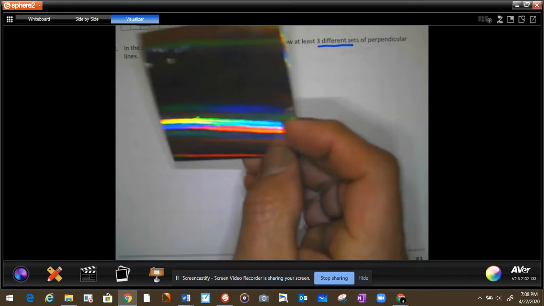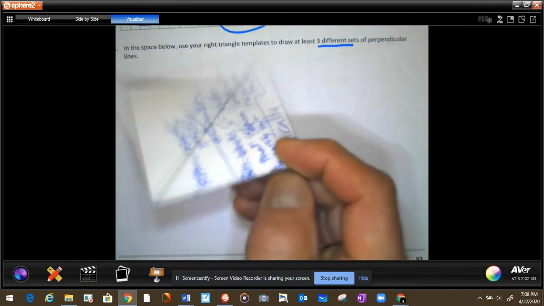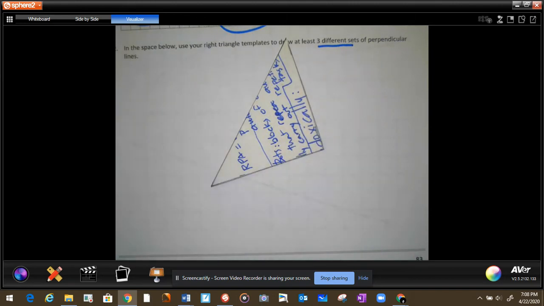I cut a shape, a square, and all the sides are the same. And what I'm going to do, I pre-drew a line that goes right in from vertex to vertex. Why did I do that? Well, because that's going to help us draw our, what do we call those lines? Our perpendicular lines.